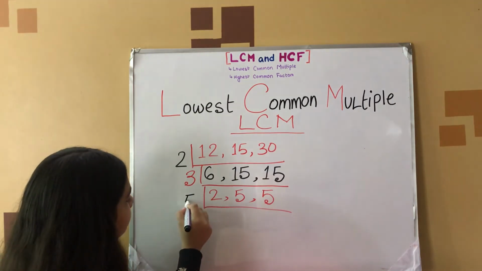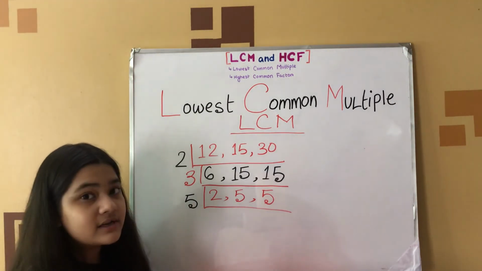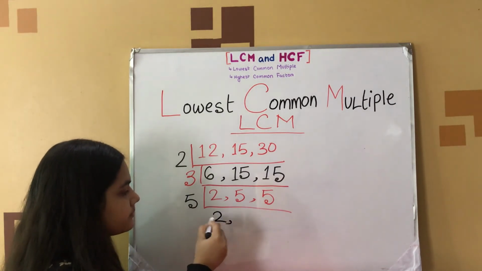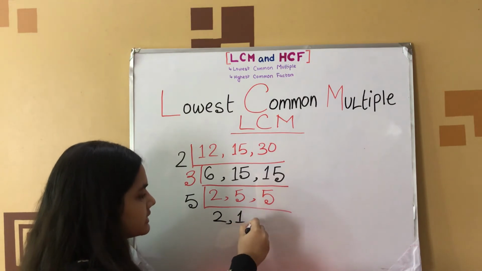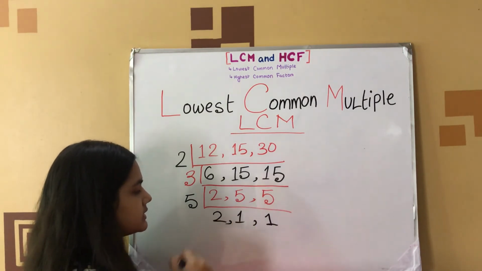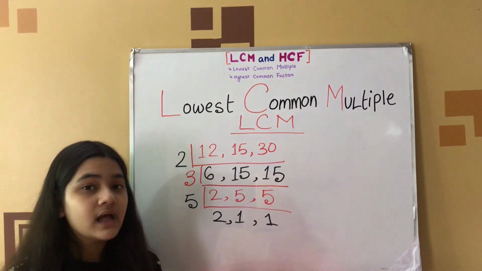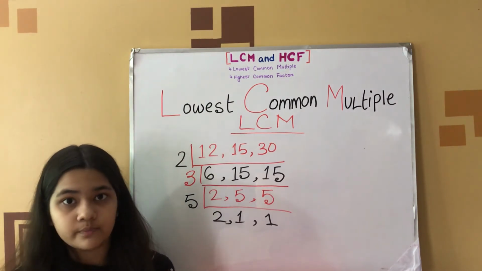So we are going to take 5. We cannot divide 2 by 5, so 2 will remain as 2 and 5 1s is 5. We are going to stop when we cannot divide the set of numbers anymore.